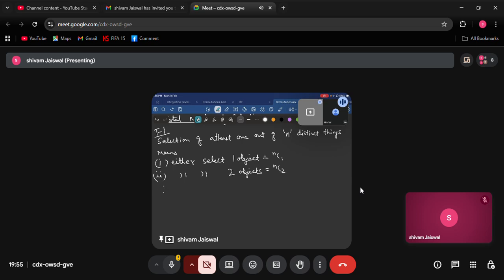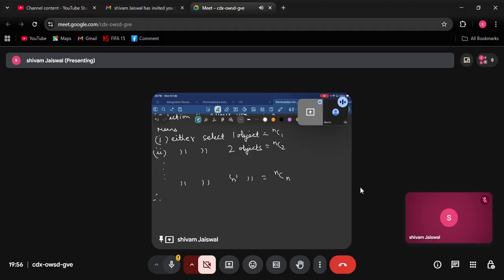Dot, dot, dot. Or you select n objects. This can be done in NCN ways. Therefore, total number of selections will be equal to NC1 plus NC2 plus NC3 plus up to NCN.